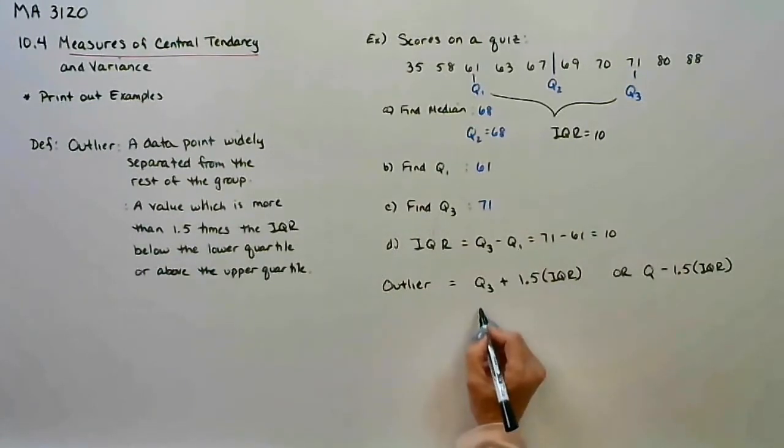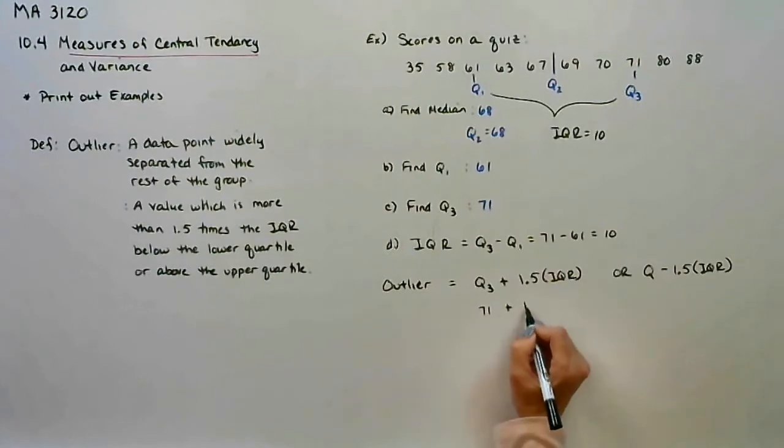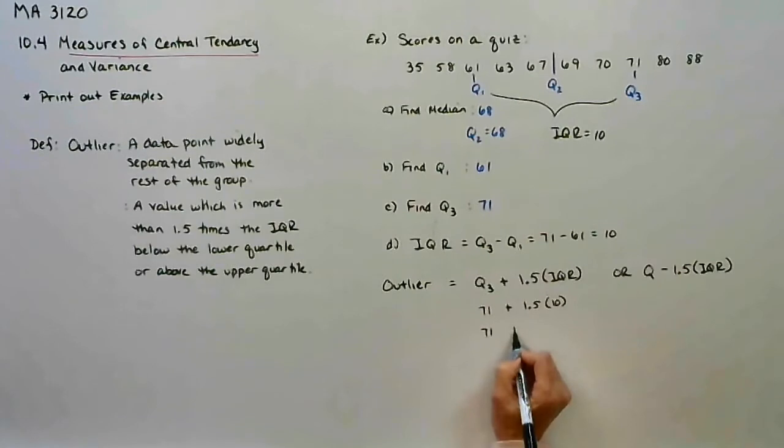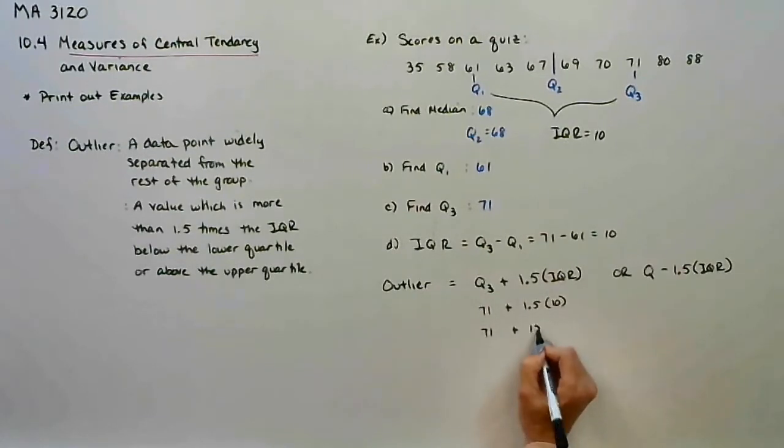The third quartile is 71 plus 1.5 times 10, 71 plus 15, which is 86. So an outlier would occur anywhere greater than that number.